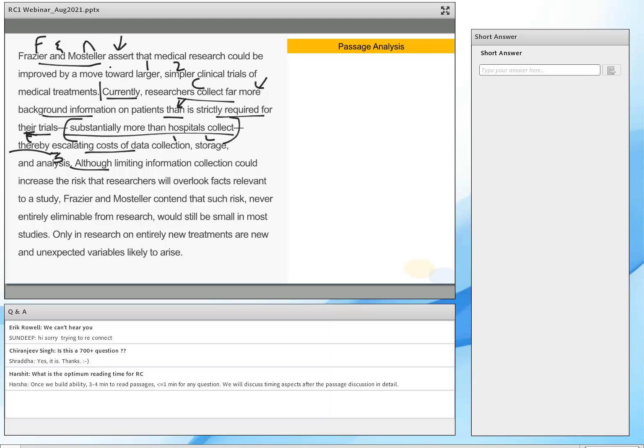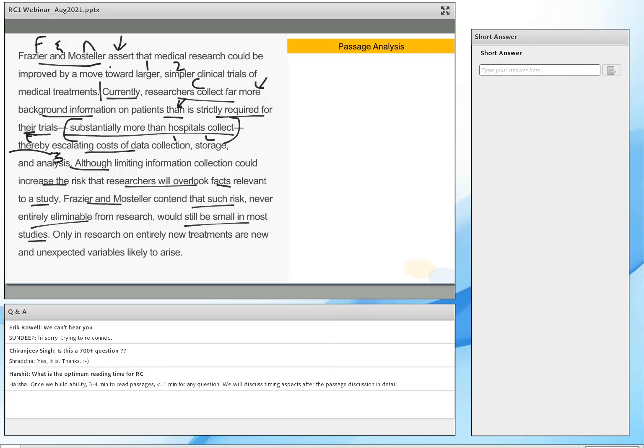Then I hit another keyword, "although," which is now going to present contrasting information. What is that? Although limiting information collection could increase the risk that researchers will overlook facts relevant to a study, F&M contend that such risk, never entirely eliminable from research, would still be small in most studies.